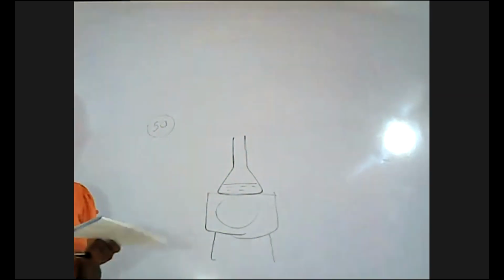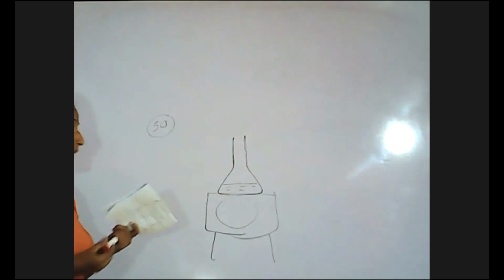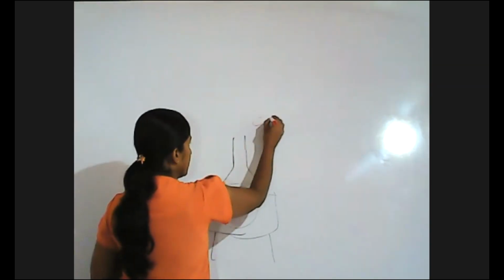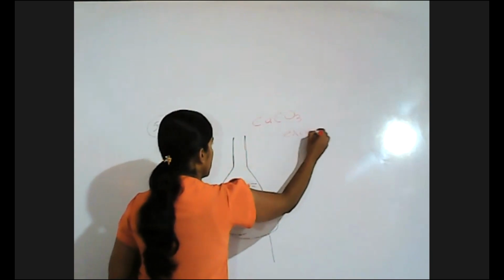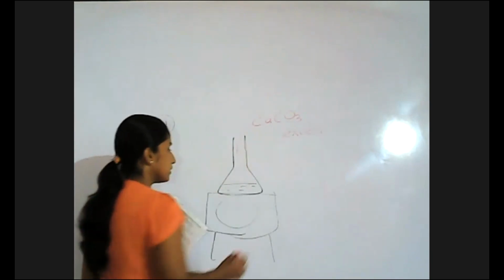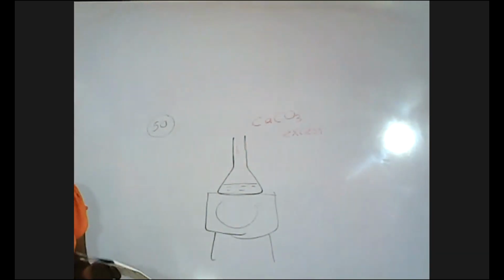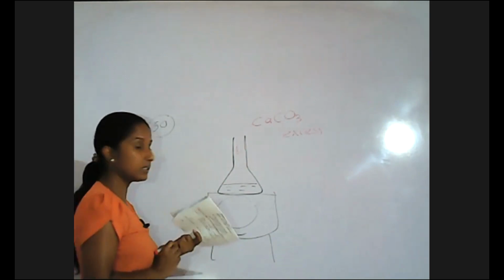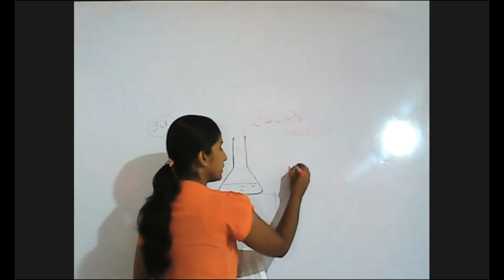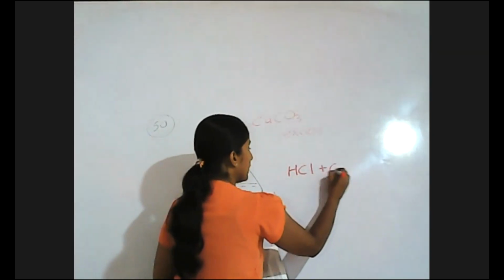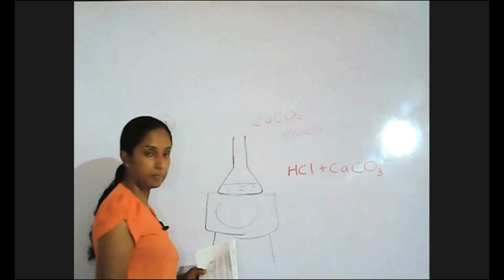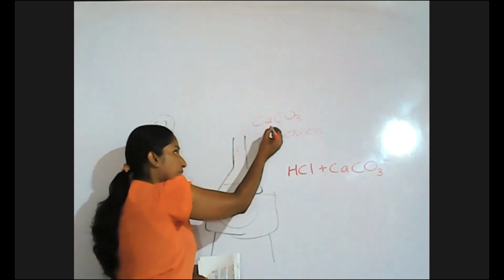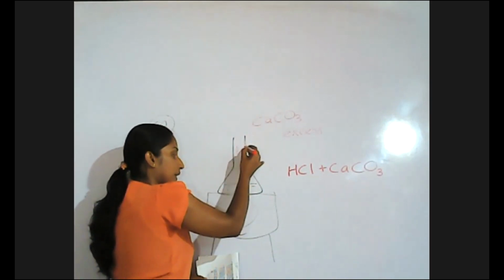So what we are doing is we add limestone, calcium carbonate, in excess amount. Then after adding, what happens here? The reaction starts between HCl and calcium carbonate, Pute, right?